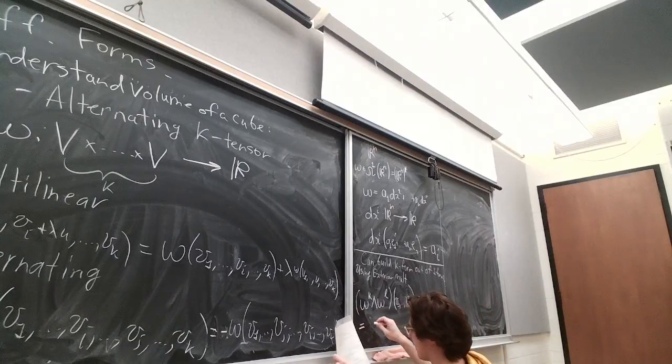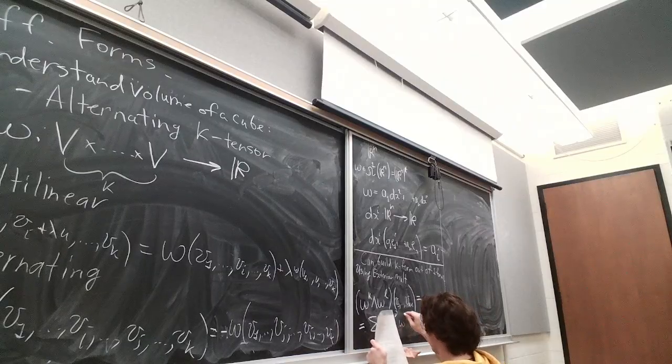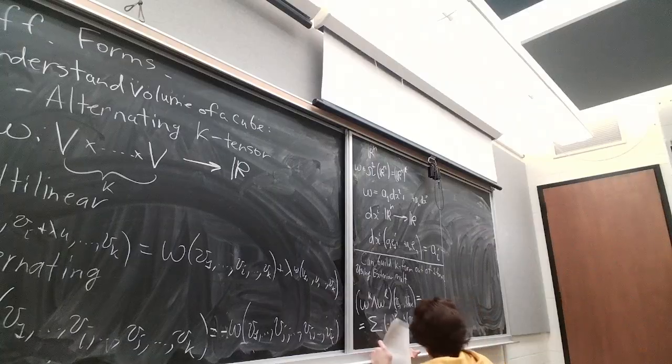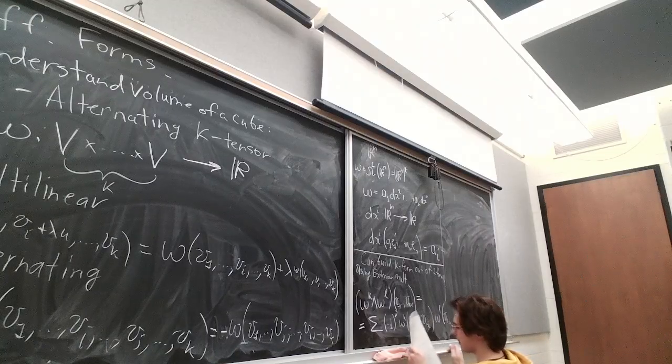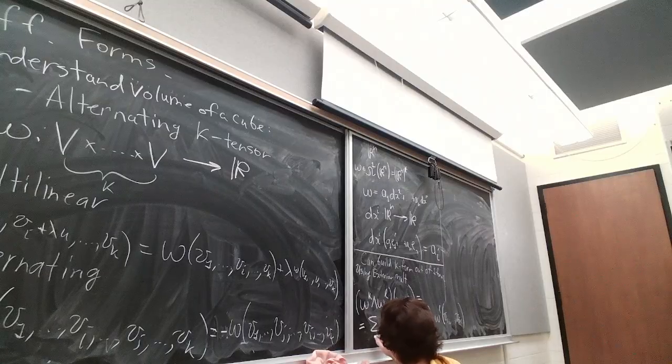I define it as a sum of minus 1 to some sign, some permutation of omega k of v_I1 through v_Ik times omega L of v_J1 through v_JL, where I specifically order things so that I1 < ... < Ik and J1 < ... < JL.